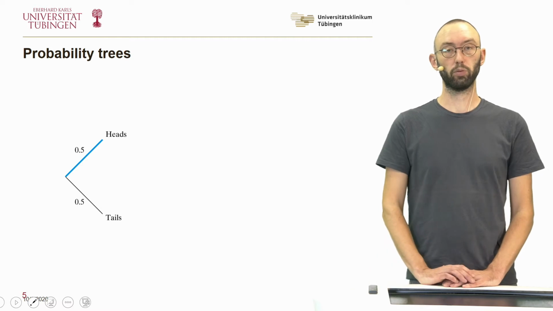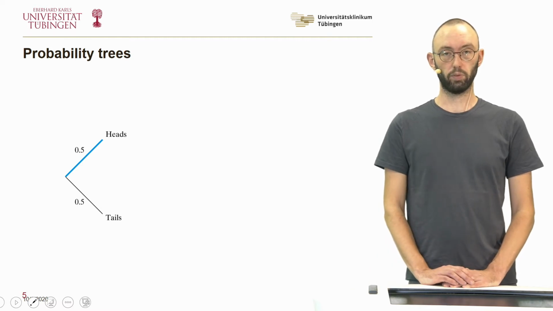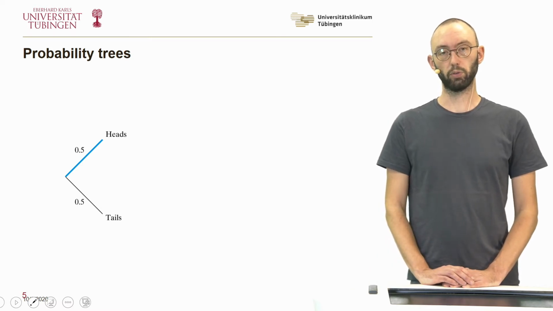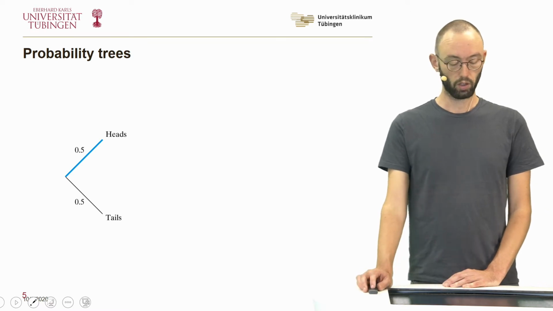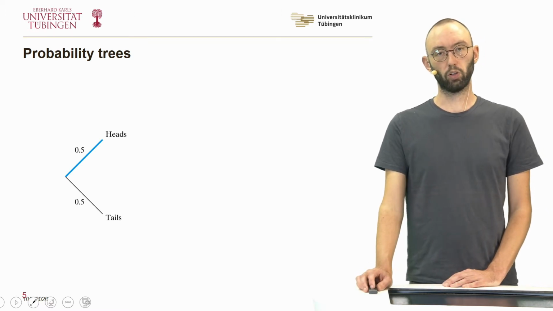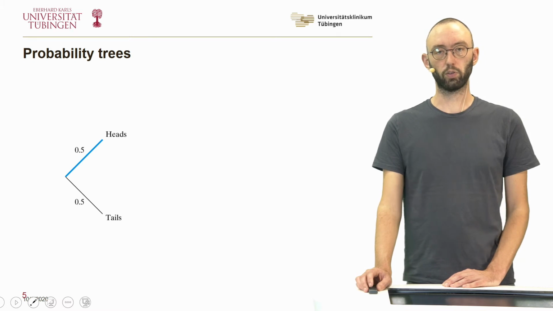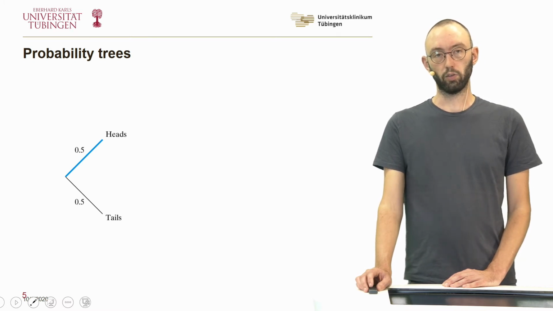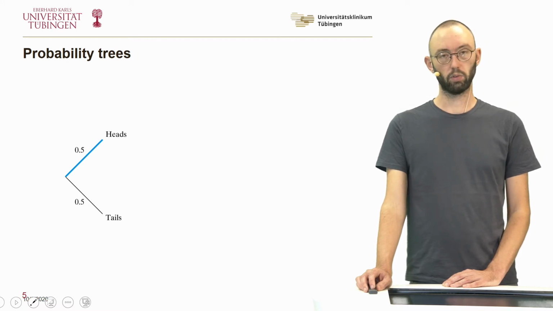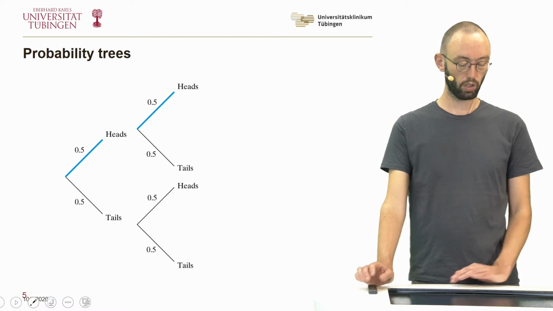For example, in probability trees, these rules help us reason about the probability of events. Such probability trees you can often use, for example, in medical statistics to calculate the different outcomes of a study. Here, we very simply just have two consecutive coin tosses.